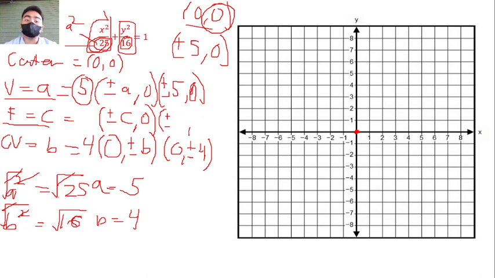What's the value of c? You don't have it yet, isn't it? So we are going to find the value of c. This is the method: c squared is equal to a squared minus b squared. So how are you going to find c?